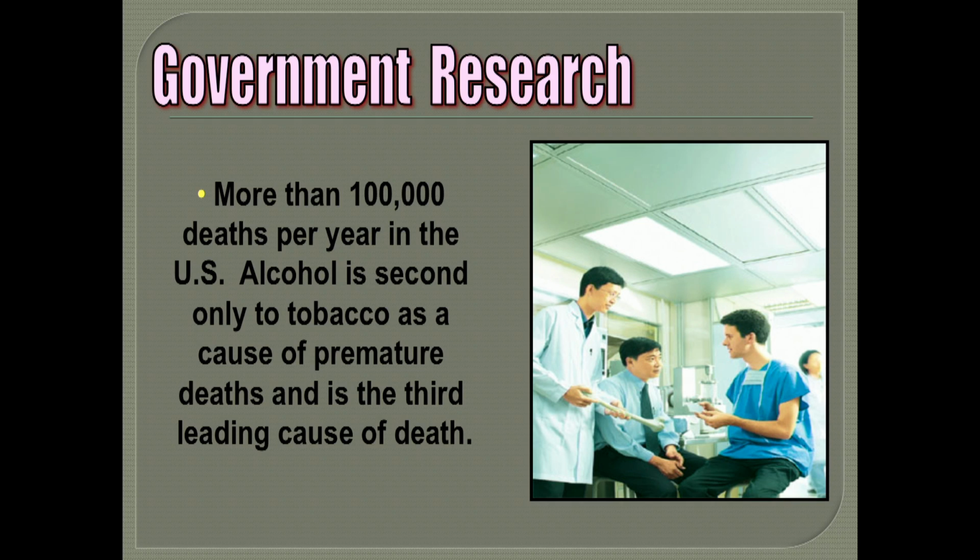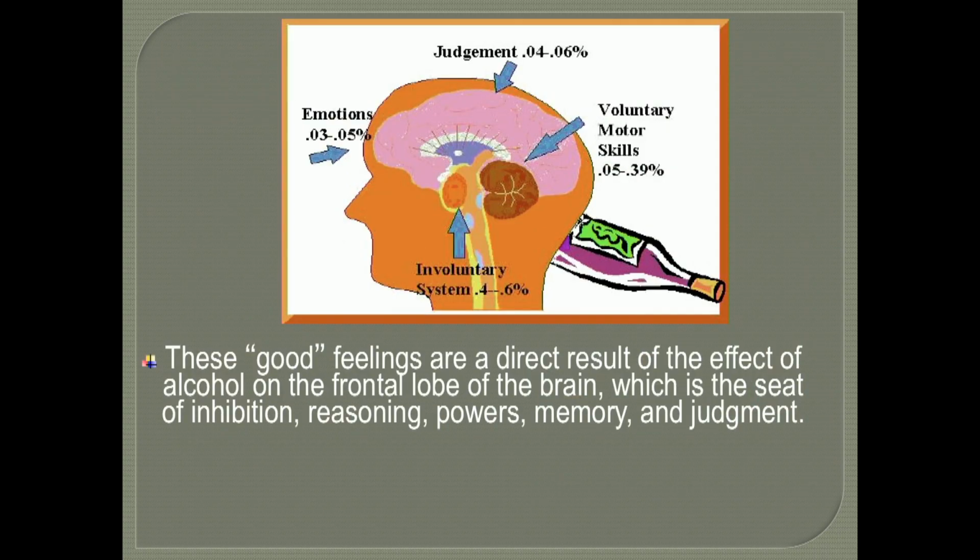Second in command from alcohol use is tobacco, as a cause of premature death, and these are really deadly. We have many kinds of accidents occurring as a result of the use of alcoholic beverages in every facet. It's not just young people, it's also older people where this is occurring. And all of that occurs as a result of intemperance.